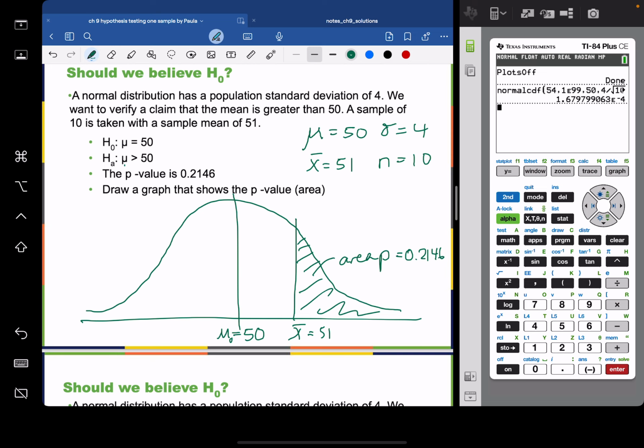Oh, that's 51. 2nd, DISTR, normalcdf, 51 to 1e99, mu is 50, and sigma is 4 divided by the square root of 10. That should be correct. Enter. Okay, I had a typo in the previous round. So now I'm getting the same area p-value of 0.2146, so I feel good about that. Not too suspicious.